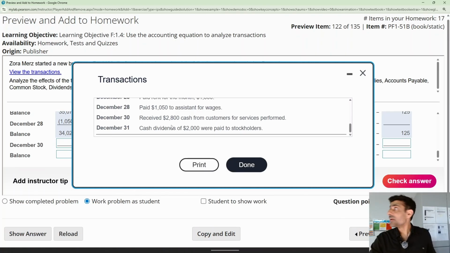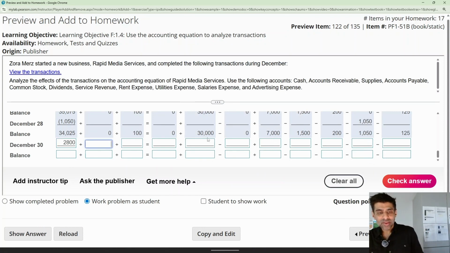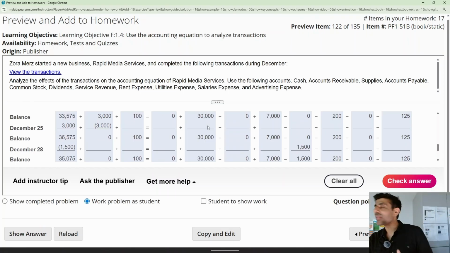Received. Okay, so received cash. So our cash is going to go up. I already know half of what we're going to do from customers for services performed. So I know that cash is going to go up 2,800. So what is it from? It's not that we got a bank loan.